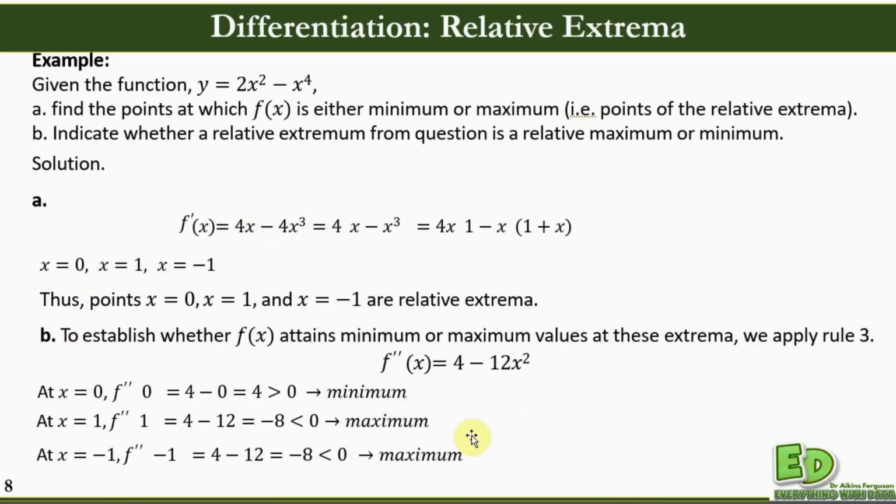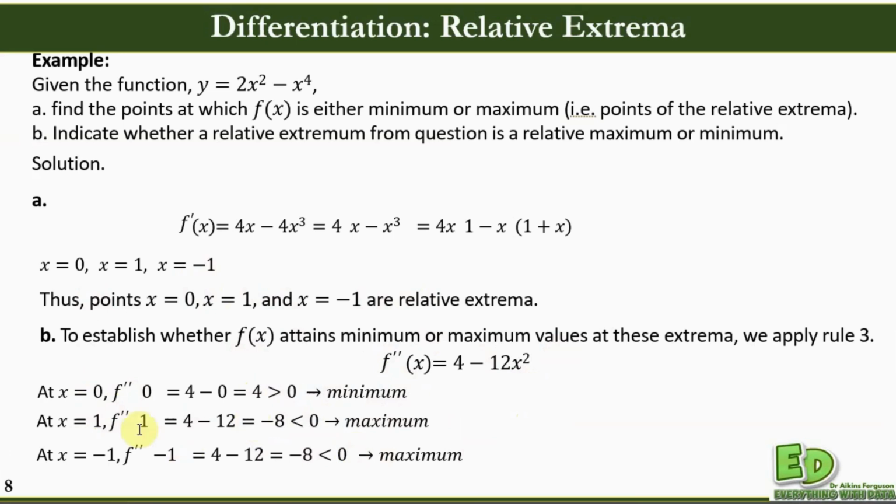Okay, now the next thing is to put these values 0, 1, -1 in place of x over here. First, at x equal to 0, we had 4, which is greater than 0. If it's greater than 0, it is a minimum point. Here we have 1, and into it we had a final answer of -1, which is less than 0.